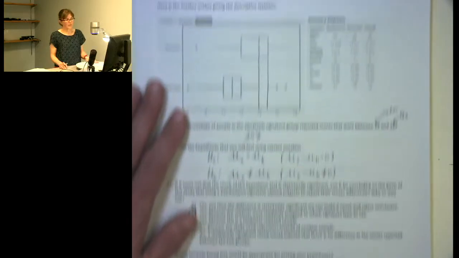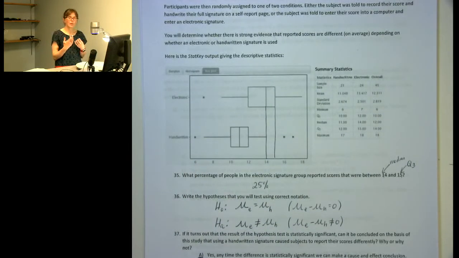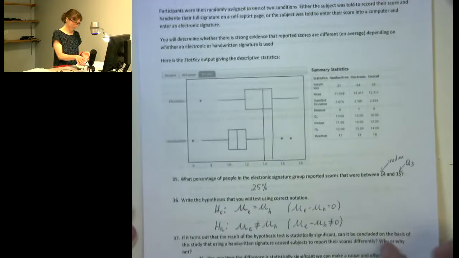The reason why I've got independent groups instead of paired data is because each person entered their score under one of the conditions, either with a handwritten signature or with an electronic signature, but not with both.